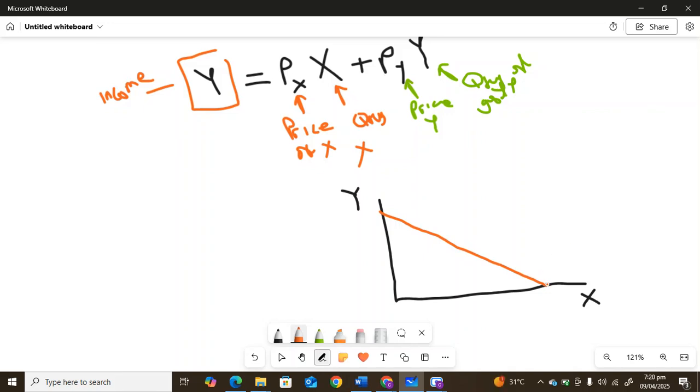Using this graph, where this line cuts the x-axis is our x-intercept.